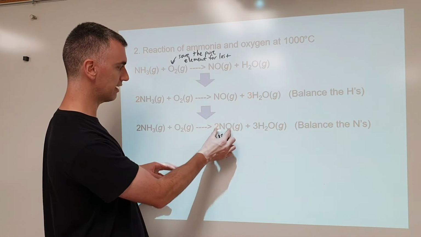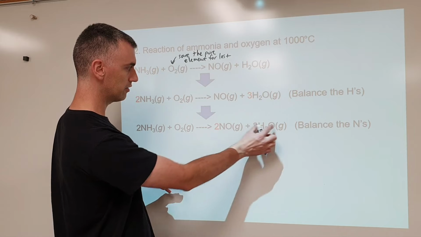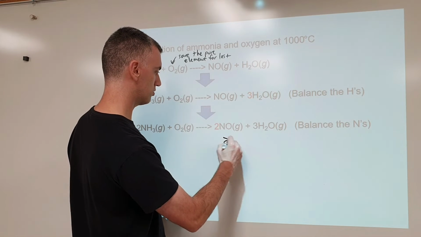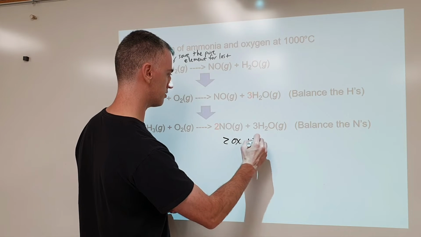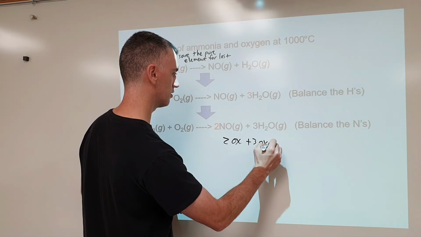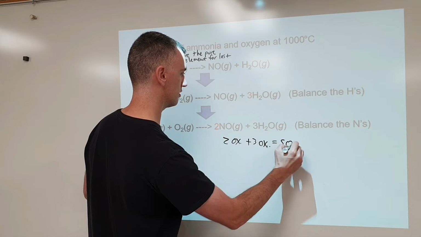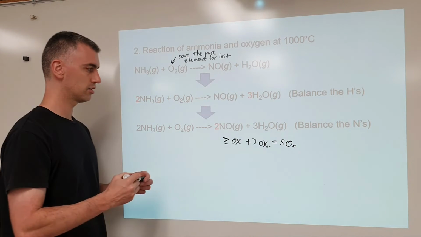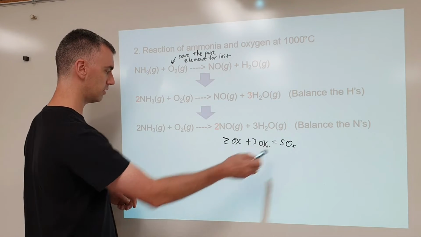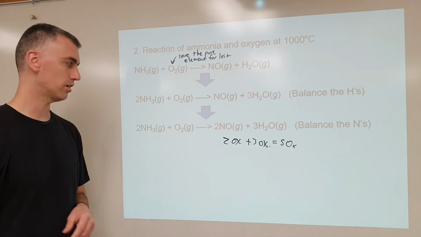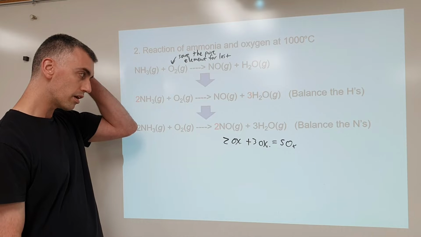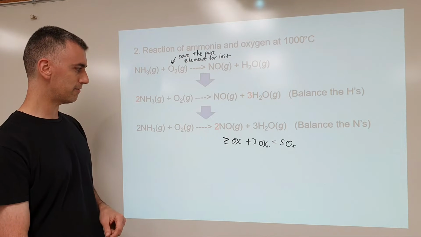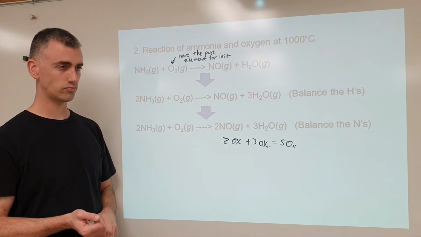How many oxygens do I have? This is 2 oxygen. This is 3 oxygen. So 2 oxygen plus 3 oxygen equals 5 oxygen. So 5 oxygens here. I have 2 oxygens here. How do I get 5 oxygens?